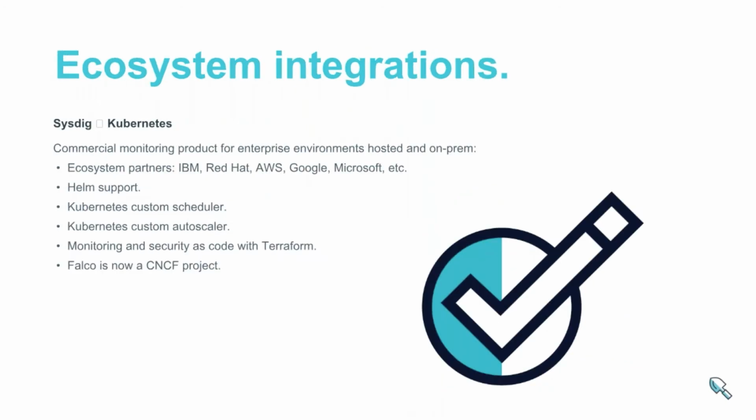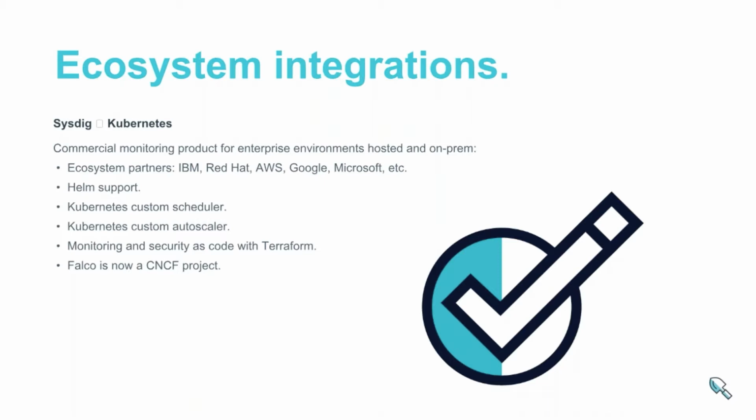Last is ecosystem integrations. Here at Sysdig, we love Kubernetes, we love Prometheus, and we love our partners. So from the very beginning, we have been building a monitoring product that integrates with those platform providers or cloud providers where you run your infrastructure, IBM, Red Hat, AWS, Google, Microsoft.